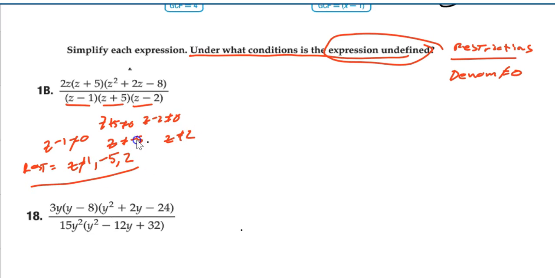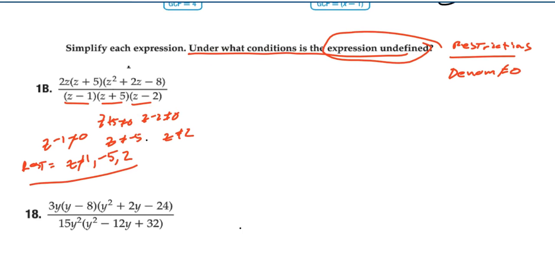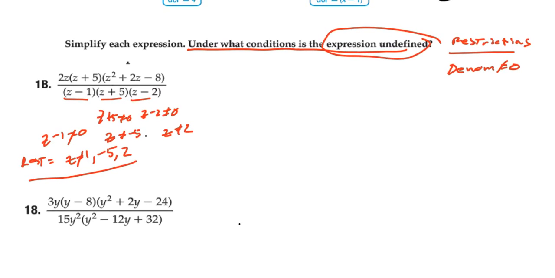And that's actually the first thing we do in all this stuff. Finding restrictions is the first thing we're going to do in all these problems. So the way we're going to do these problems is in steps. Step 1, we're going to find restrictions, which again, just set the denominator not equal to 0, because we cannot divide by 0.